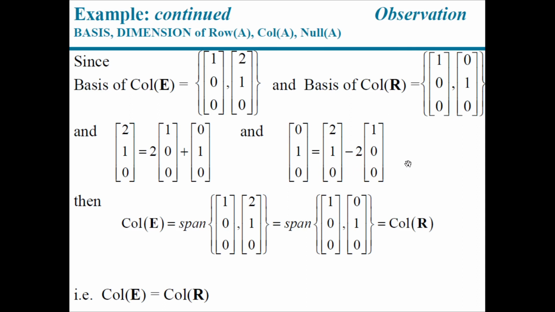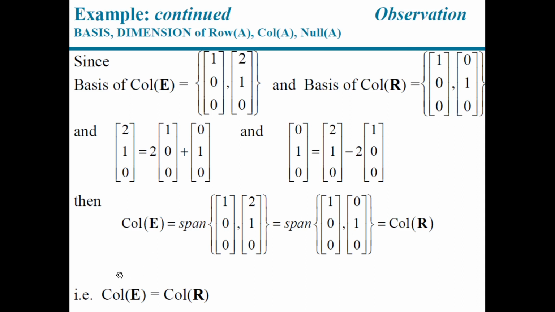So we know already that all linear combinations of these two are also linear combinations of these two, and the other way around. So immediately the span of these two is the same as the span of these two, so that's it. We don't need to work anymore.